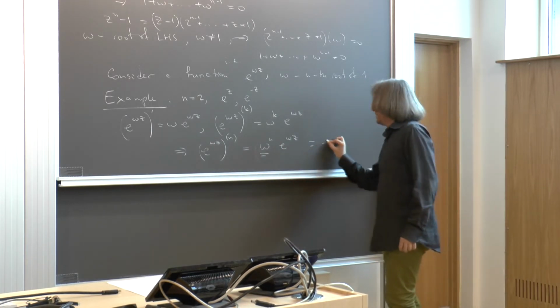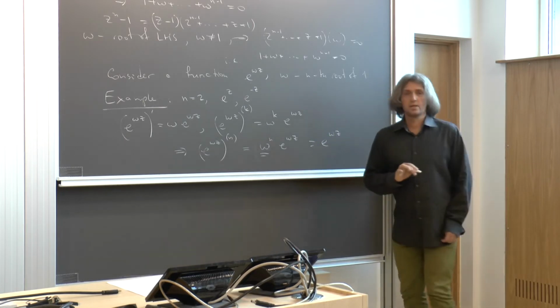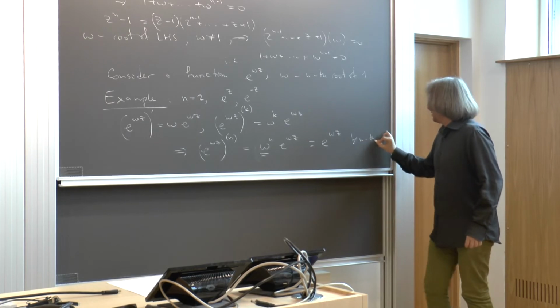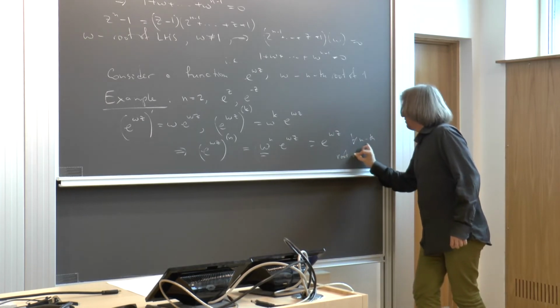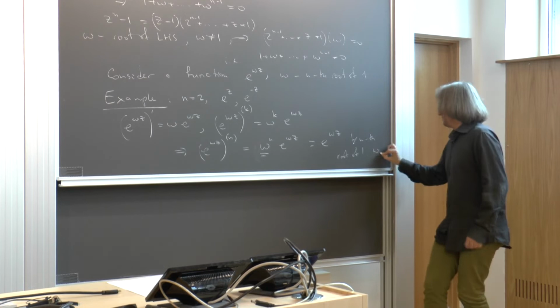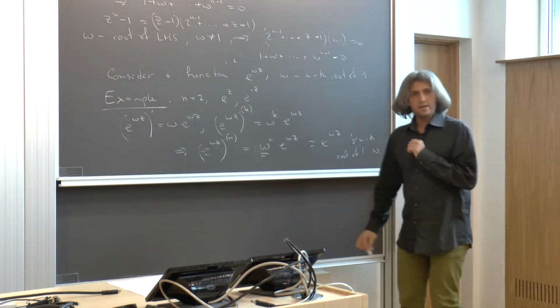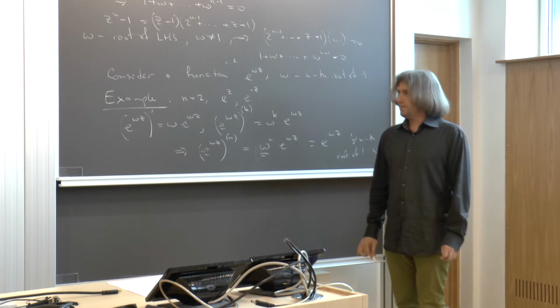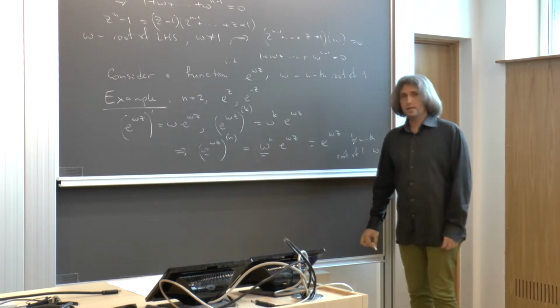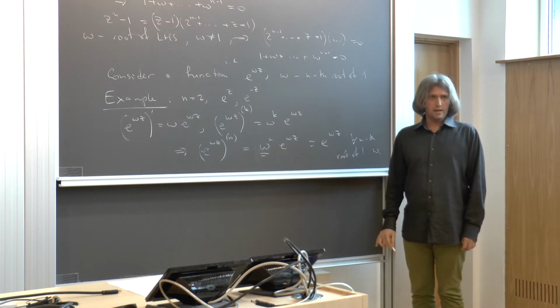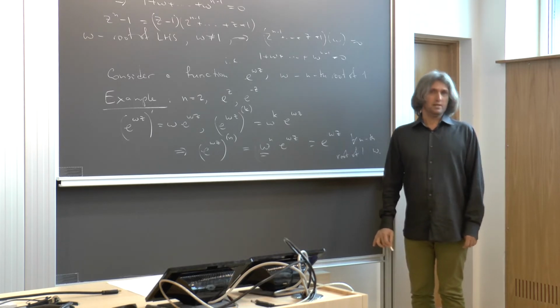So this is e to omega z. So for any nth root of 1 omega. So this is important, and believe me, this will be used in exercise 1b and c to be corrected.